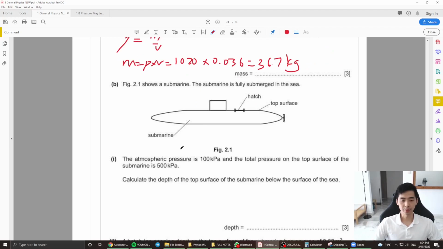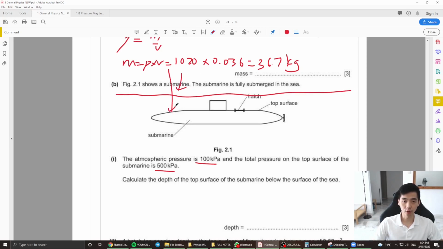Then the atmospheric pressure is 100 kPa and the total pressure on top of the surface is 500 kPa. So basically there are 2 parts to it, right? The atmospheric pressure is 100 kPa. The total pressure is 500 kPa. Calculate the depth of the top surface of the submarine below the surface of the sea.